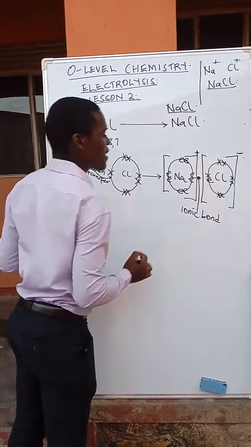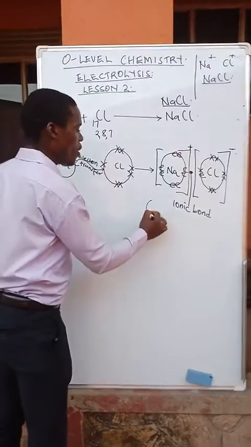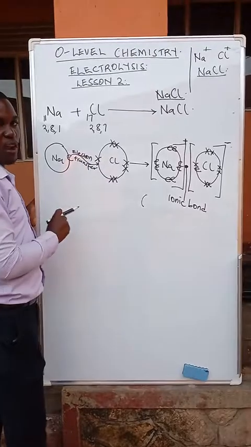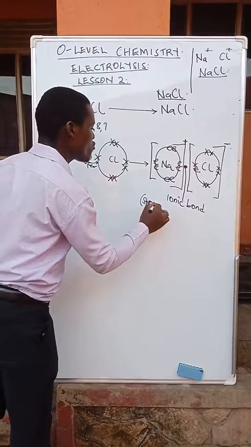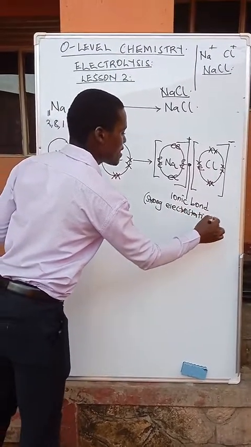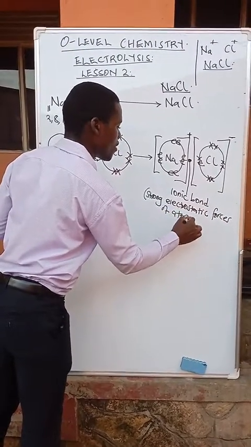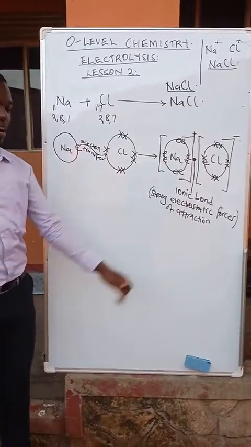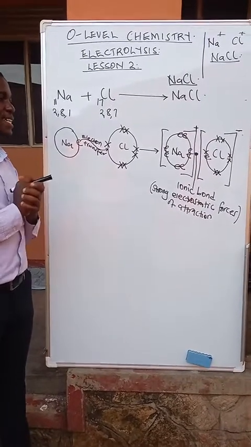Now, as we conclude this particular lesson, this ionic bond contains what we call the strong electrostatic forces of attraction. When we talk about electrostatic forces of attraction, these are forces of attraction between oppositely charged ions.